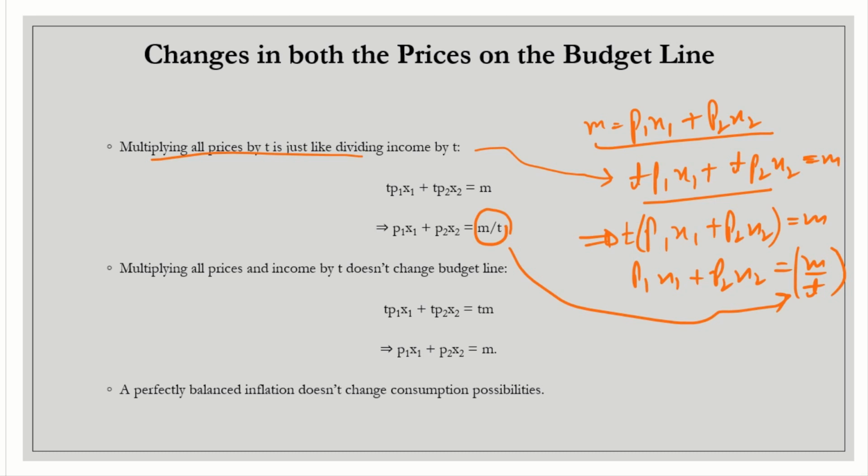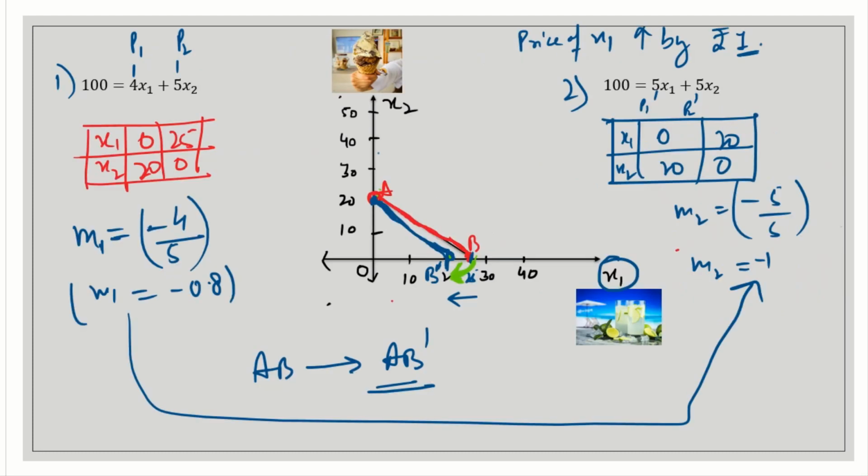So it means that if both the prices on the budget line are increasing by the same amount, for example, if in the previous case price 1 was 4 and price 2 was 5.